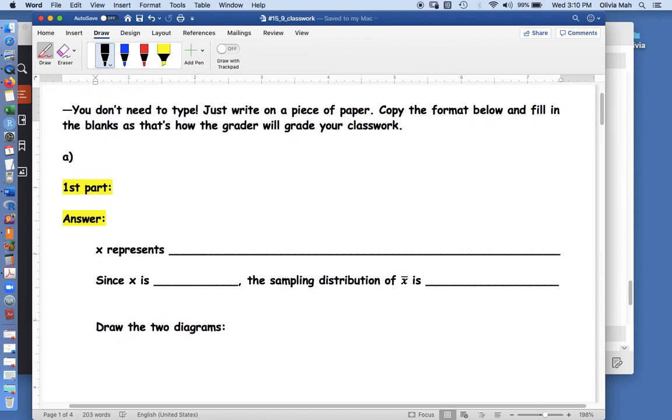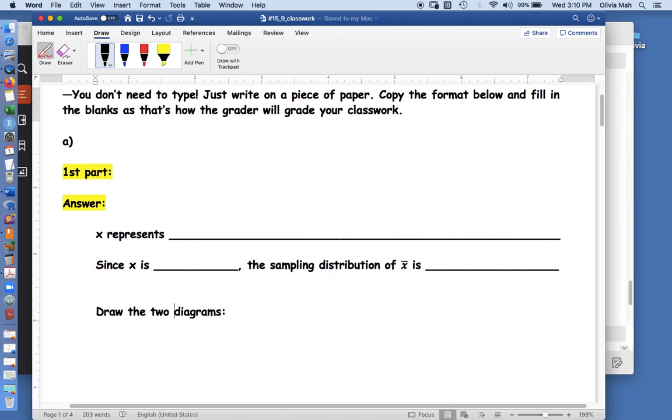So the first part of subpart A. Whenever we do problems like this one, we need to be sure what exactly we are measuring. So what does X represent? You fill in the blanks.